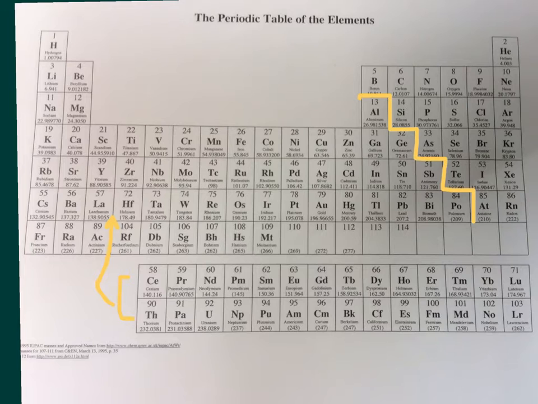So go ahead and color all of the metals on the left side of the table, except don't color hydrogen. Color them one color and label them metal.